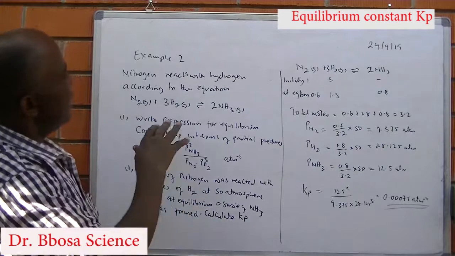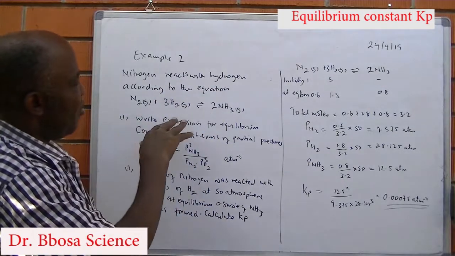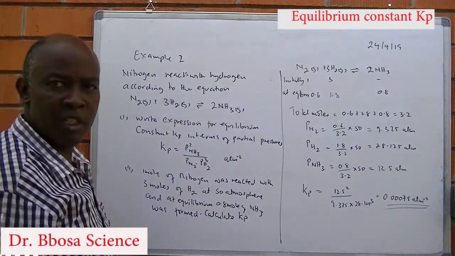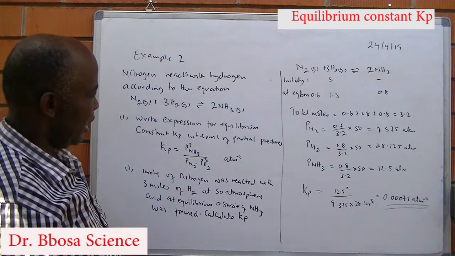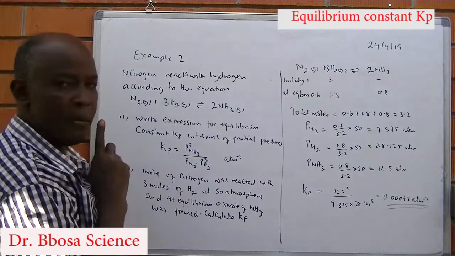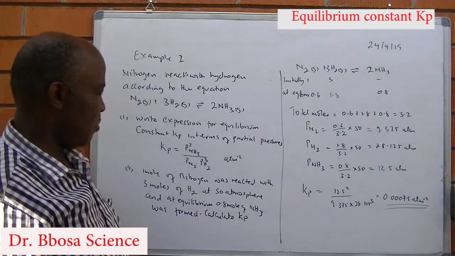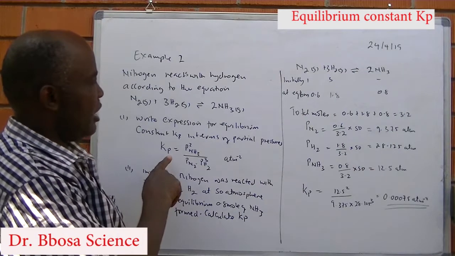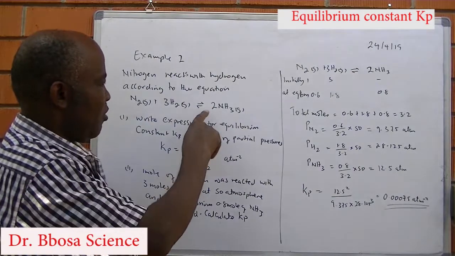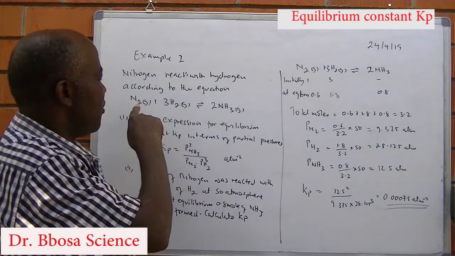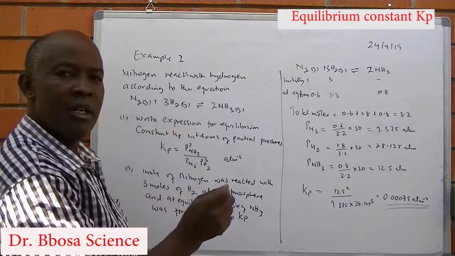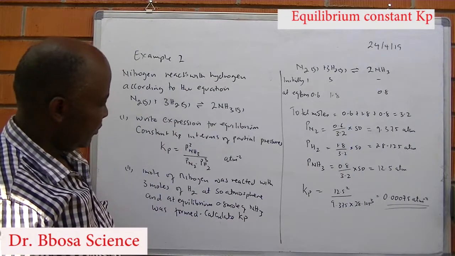Example 2. Nitrogen reacts with hydrogen according to the equation. Nitrogen plus hydrogen will give you ammonia. Write expression for equilibrium constant Kp in terms of partial pressures. Kp is equal to partial pressure of ammonia raised to power 2 over partial pressure of nitrogen times partial pressure of hydrogen raised to power 3.